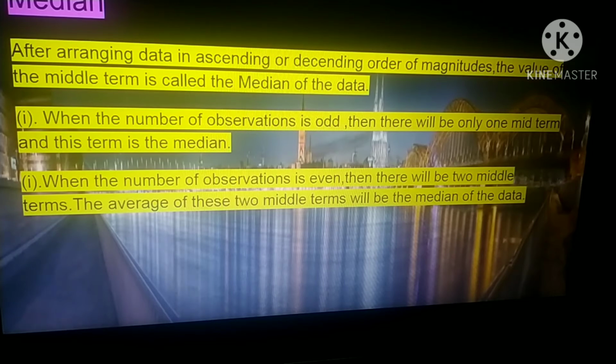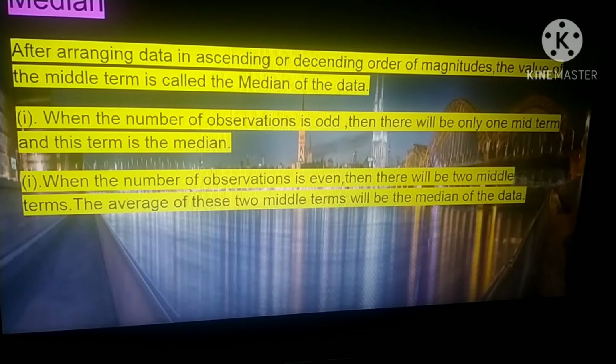That is your median. Okay, so for this one another thing is there. If the number of observations is odd, then there will be only one middle term and this term is the median.